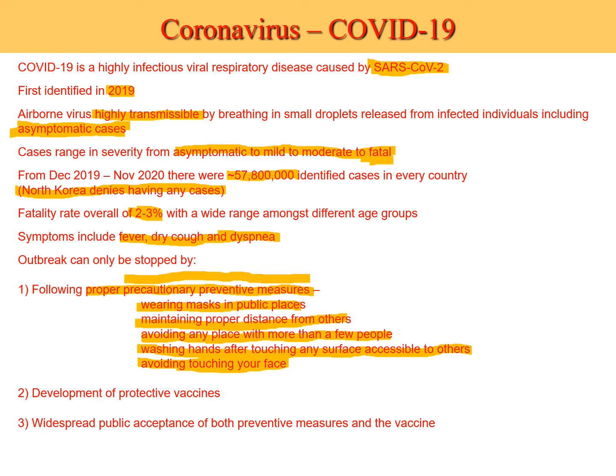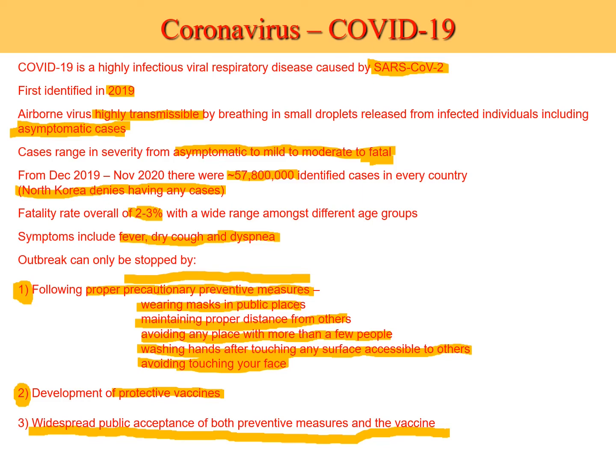Development of protective vaccines, which has been successful. That's another requirement for the outbreak of COVID-19 to be stopped in its tracks. And then the third, and this is just as important as the other two, is public acceptance of the first two that I mentioned, preventive measures and the vaccine itself.